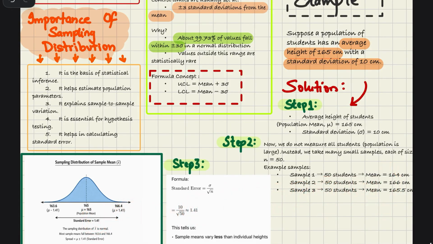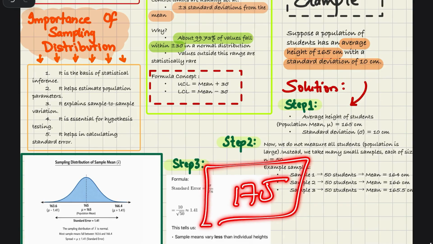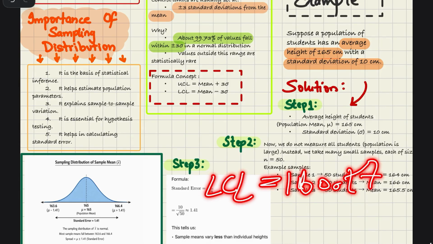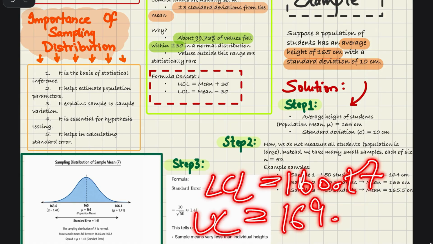So if the sample average shows up as 175 centimeters, then you instantly know that it is an anomaly, something unusual. Why? Because when you calculate the lower control limit, it comes out to be 160.77, and the upper limit comes to be 169.23 centimeters.